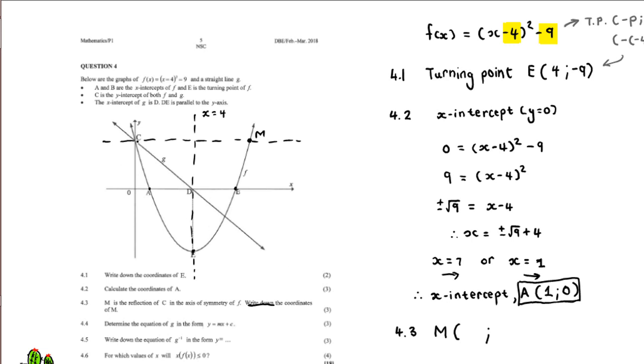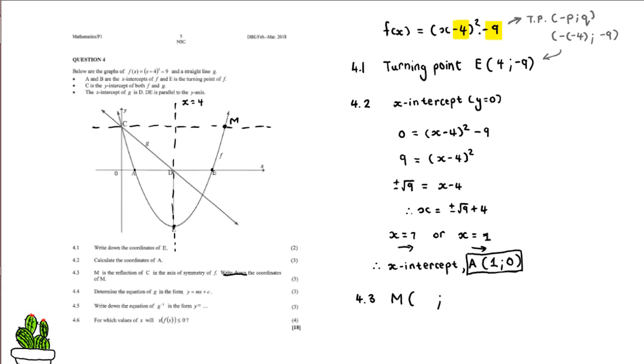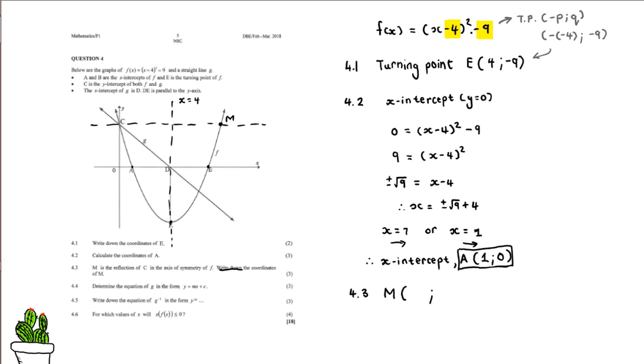Now we need to know what the y value is at the point C, and that's the y-intercept. Okay, we haven't figured out the y-intercept. They gave us the vertex form, so we would have to change this to standard form, because standard form gives you the y-intercept immediately. But maybe that's going to take too long.